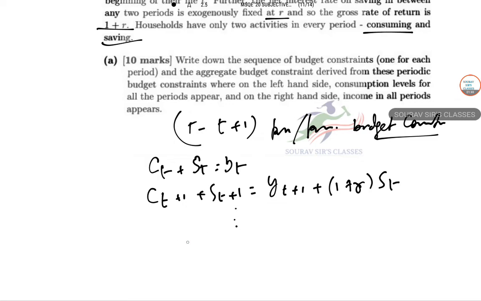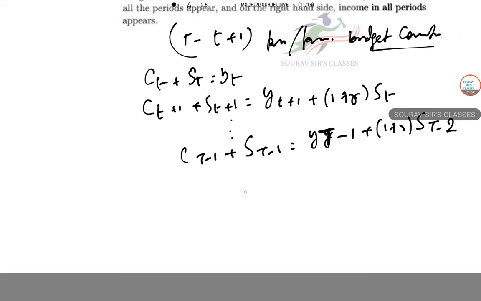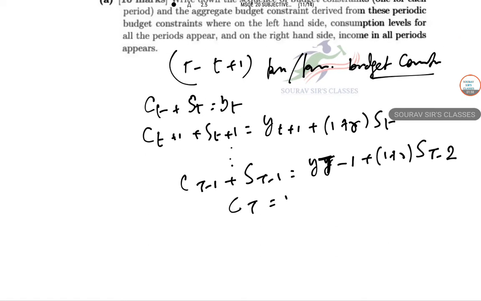In that way, c_T plus s_T equals y_T plus 1 plus r times s_(T-1). So from this, the consumption we can calculate as y_T plus 1 plus r s_(T-1).